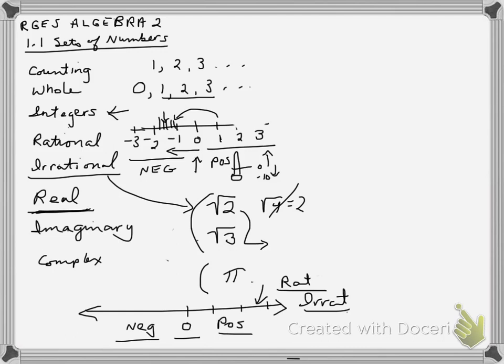Imaginary numbers and complex numbers are a little bit beyond the scope of the course. We're not going to go further into detail right now, but imaginary numbers would be square roots of negative numbers, like that. That cannot be placed on our number line.